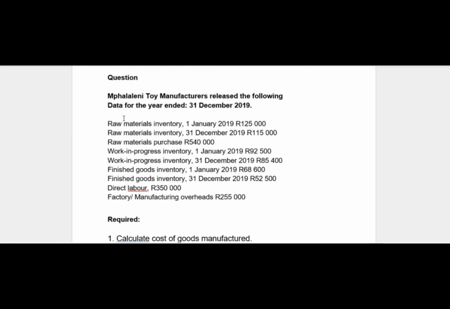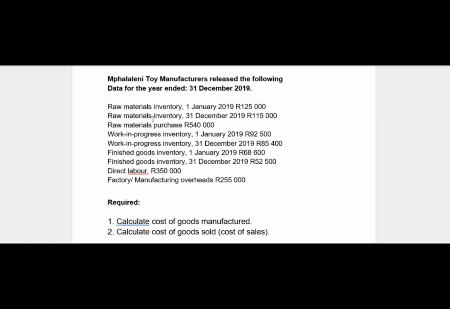Now they're saying Mpa Laleni toy manufacturers released the following data for the year ended 31st December 2019. They gave you raw materials inventory on the 1st of January 2019, 125,000. Raw materials inventory 31st December 2019, 115,000.